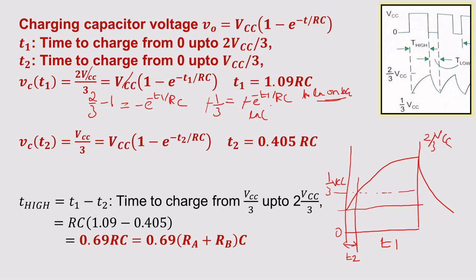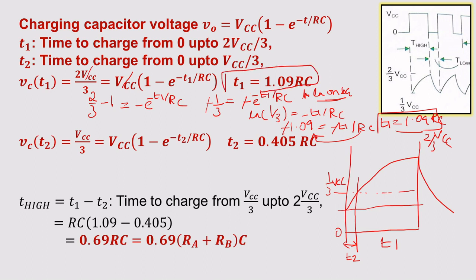If you take the logarithm of 1 by 3, this exponential will get cancelled. So T1 by RC, if you calculate the logarithm of 1 by 3, you will get 1.09. So minus minus will get cancelled. So T1 equals, I am rewriting, 1.09 into RC. So that's how this is derived. So T1 equals 1.09 RC.